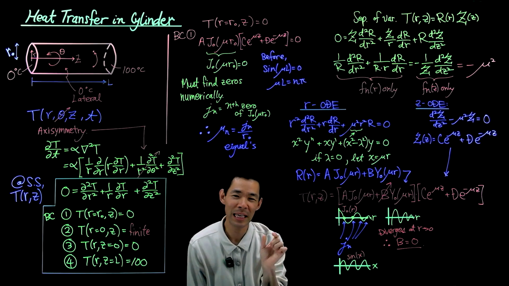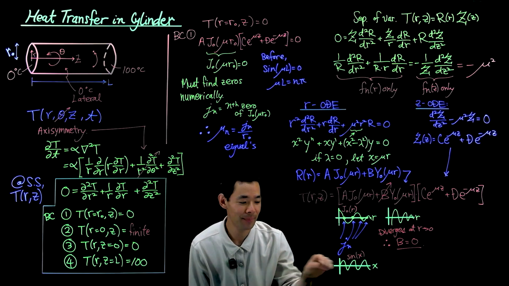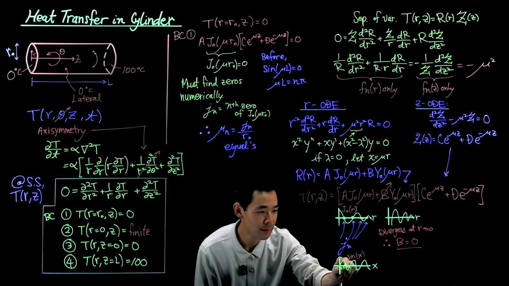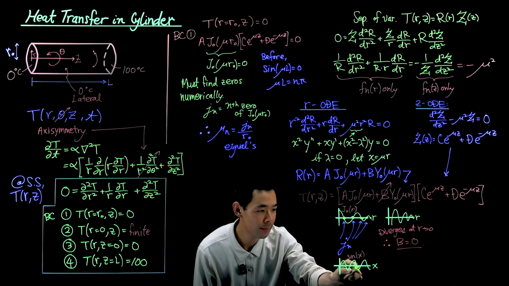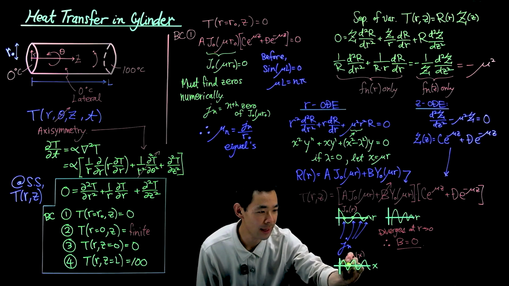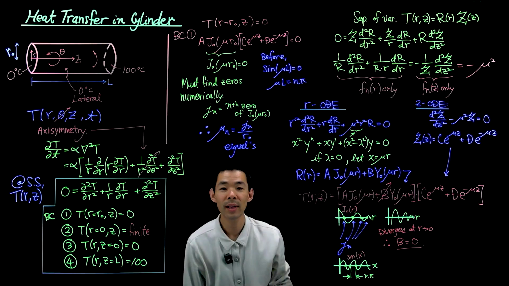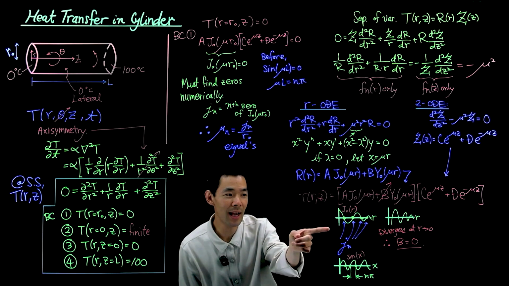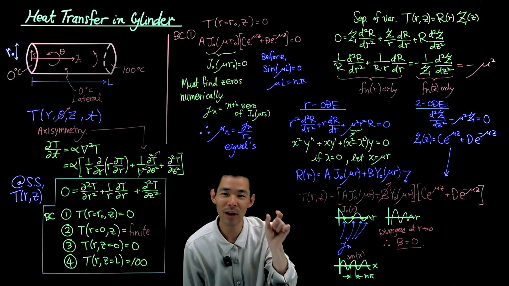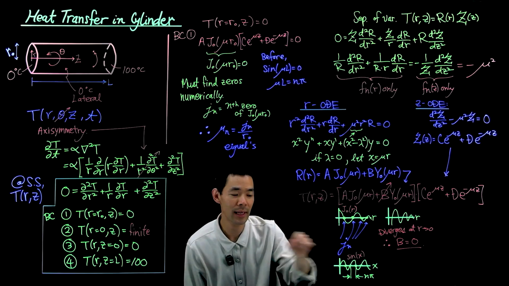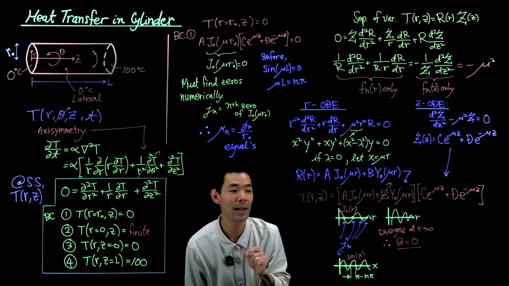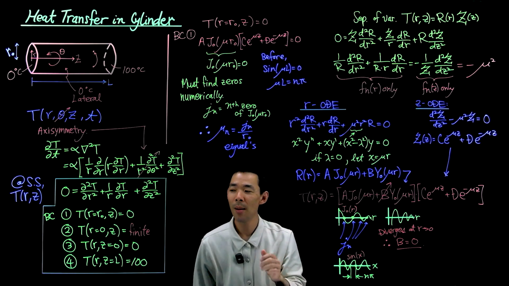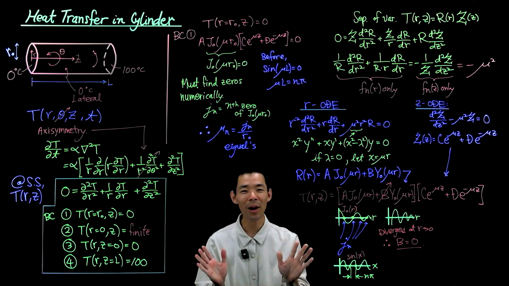The roots were just evenly spaced as n pi. All these zeros, each of those spacings was n pi apart. The only difference with j_n, the roots of the Bessel's function, is they're not evenly spaced, unlike sine, which is evenly spaced, and you have to find them numerically. But that's the only detail. Otherwise, it's the same.